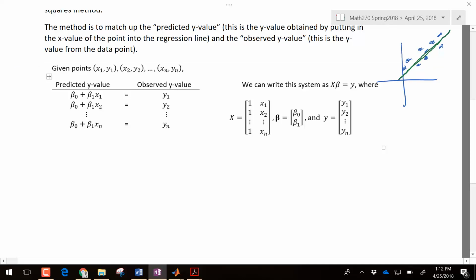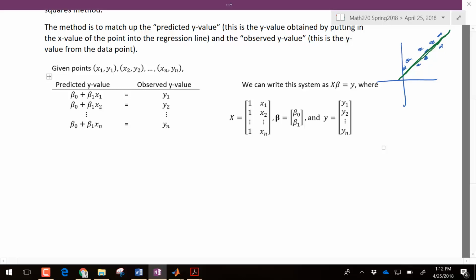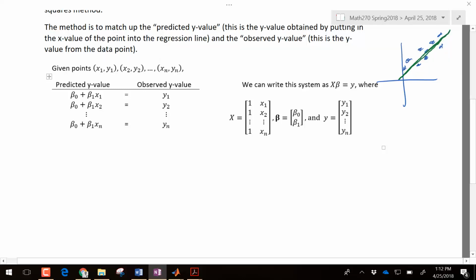It looks like it might be the line of best fit. Maybe that's not the right line, but let's just say it is. And what we want to do is minimize the distances between the points and the line. And so each of these points would have an x value and a y value.